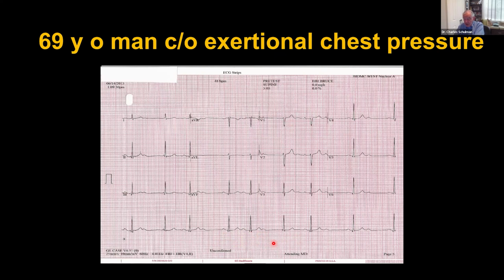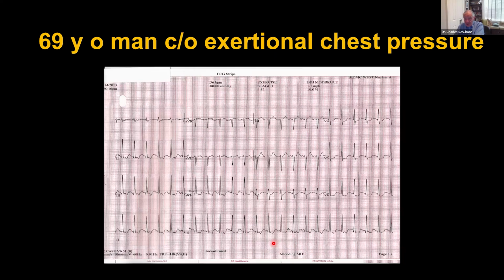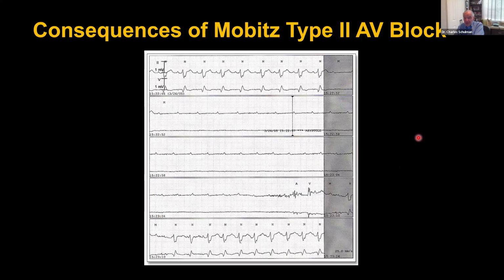When he exercised on the stress test, look what happened. Conduction improved. Here's 1-to-1 conduction. No drop beats. You see? So conduction improves with Wenckebach, and it deteriorates with Mobitz 2. And this is one of the consequences of Mobitz 2, right?